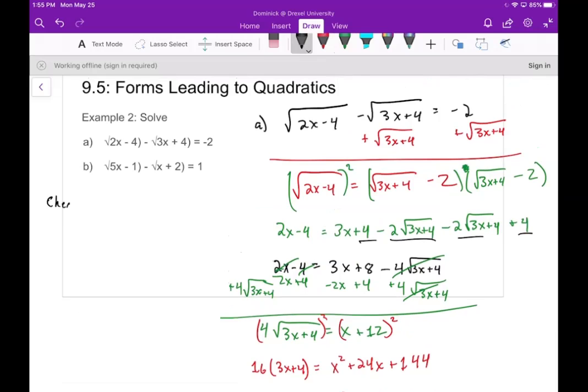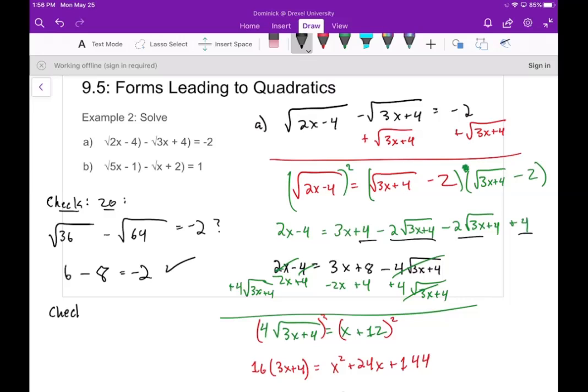So if we check 20, we're going to get the square root of 2 times 20, so 40 minus 4 is 36, minus the square root of 3 times 20, which is 60 plus 4, so 64. Does that equal -2? Well, this gives me 6 minus 8, which is -2. So that one's good.